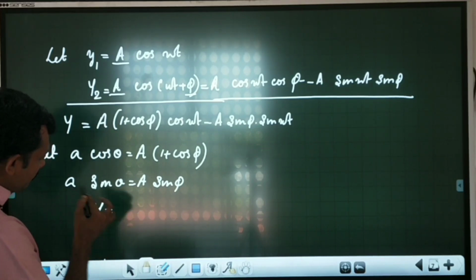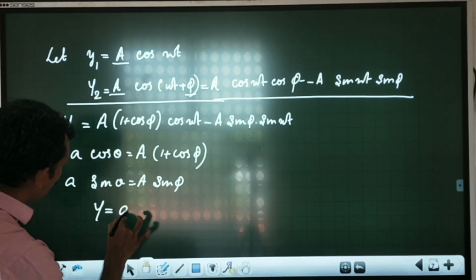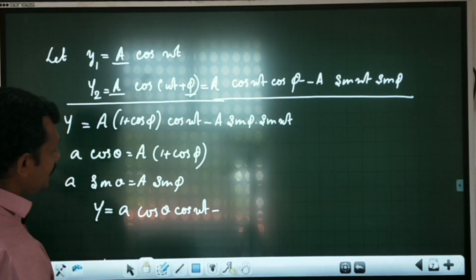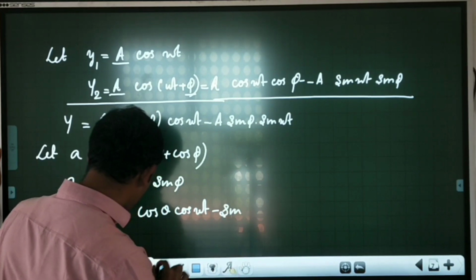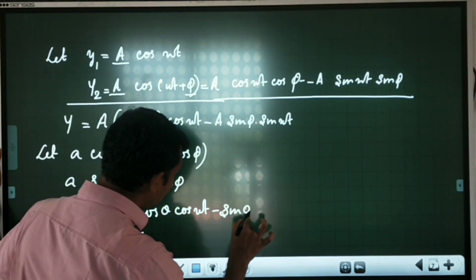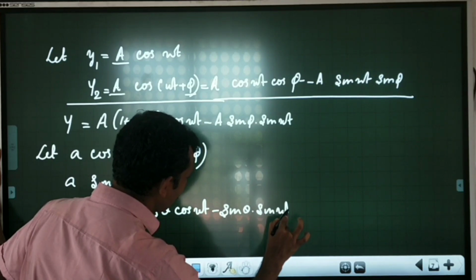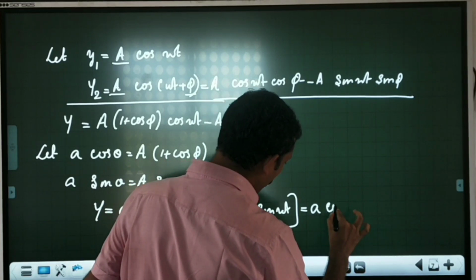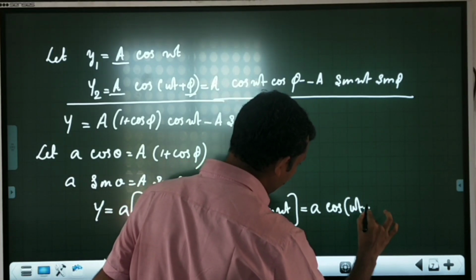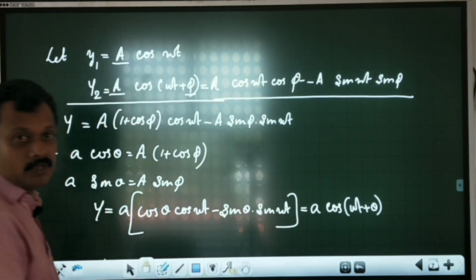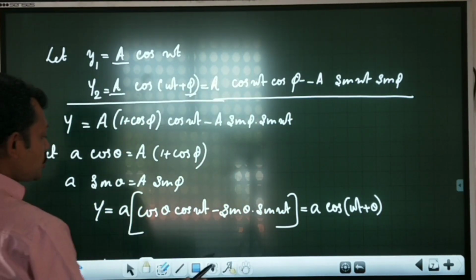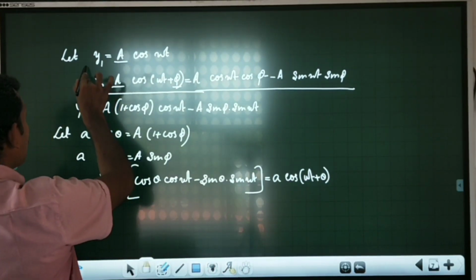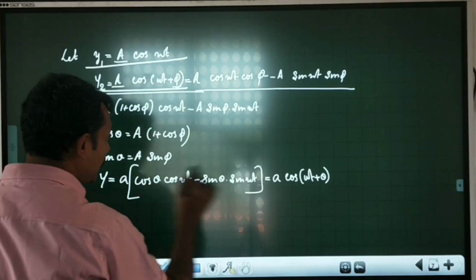In that situation, we get y is equal to small a into cos theta cos omega t minus sin theta sin omega t, which is small a into cos omega t plus theta, right? Why I am doing this is I want to make the equation of the resultant wave also similar to that of the incident wave.